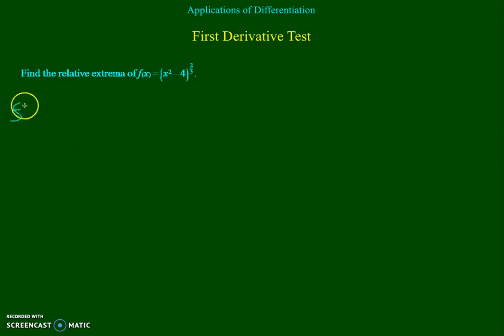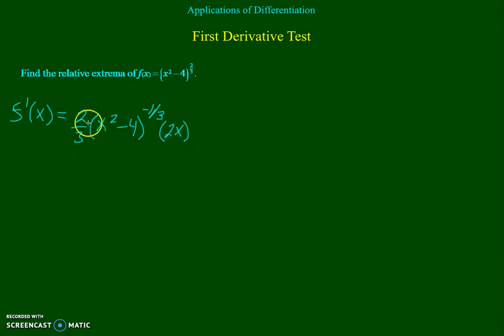So f prime of x equals 2 thirds. The inside piece, this is going to be the chain rule, x squared minus 4 to the negative 1/3 power times the derivative of the inside, 2x.